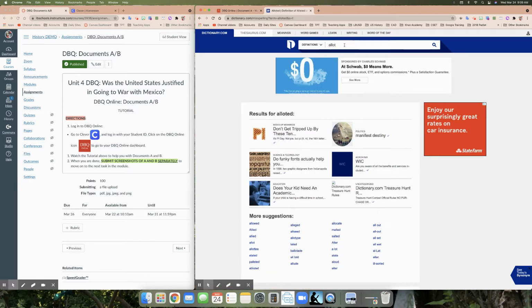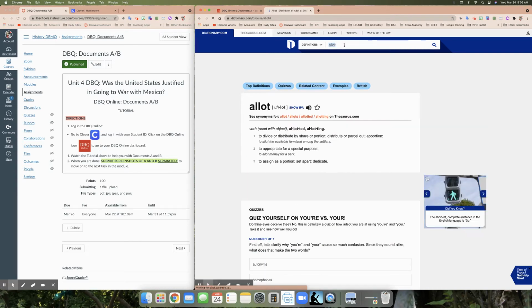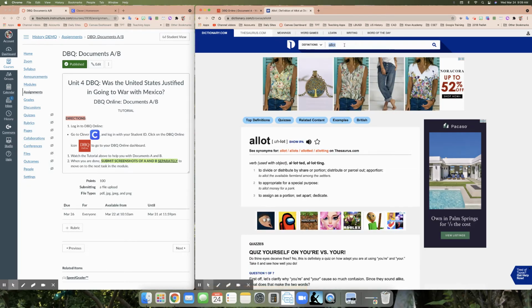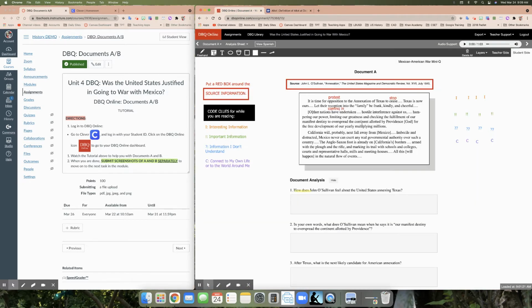Because it's in past tense, it's not going to let me. Allot: to divide or distribute by share or portion, to give out. Okay, so it's basically saying right here that it's given to us by God for the free development of our yearly multiplying millions. So I'm going to break that down.